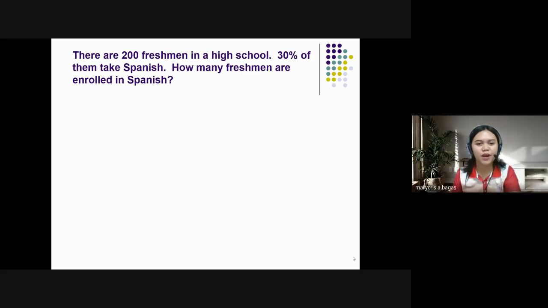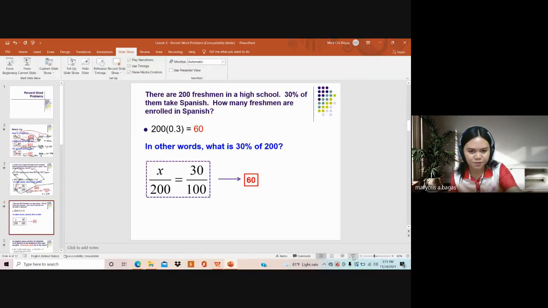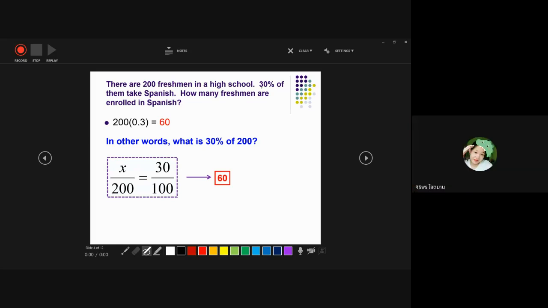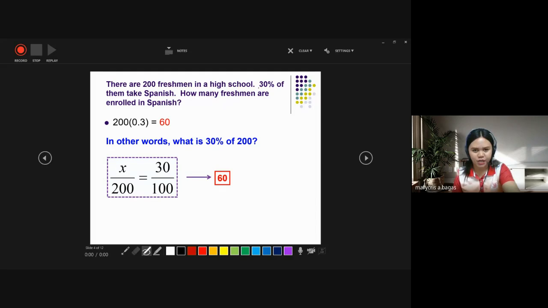So there are 200 freshmen in a high school, 30% of them take Spanish.